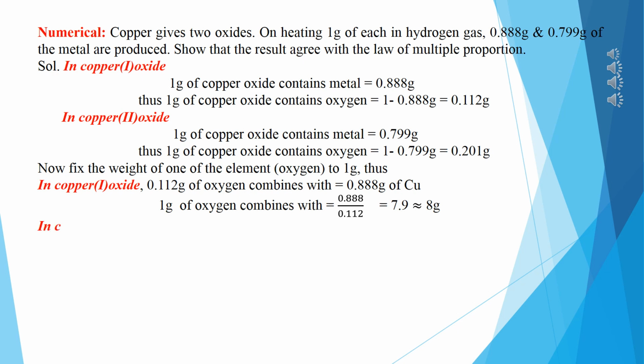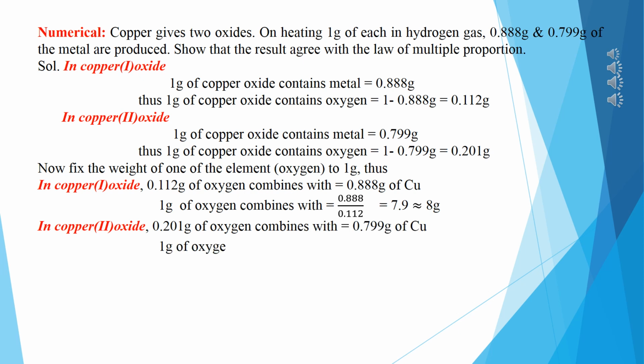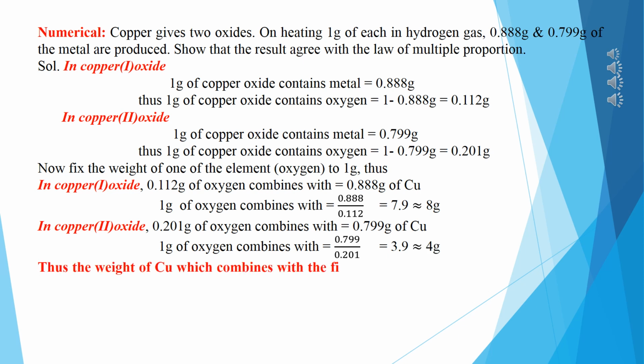So in copper 2 oxide, 0.201 gram of oxygen combines with 0.799 gram of copper, and in the same way 1 gram of oxygen combines with 0.799 divided by 0.201, that comes out to be 4 gram. Thus the weight of copper which combines with the fixed weight of oxygen, that is 1 gram of oxygen, bears a simple whole number ratio, that is 8:4 or 2:1.